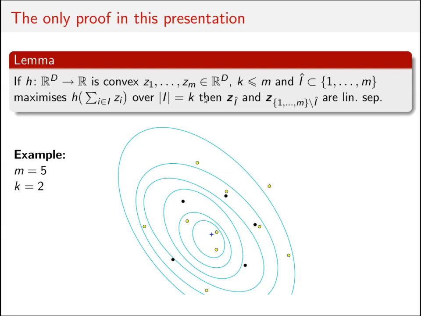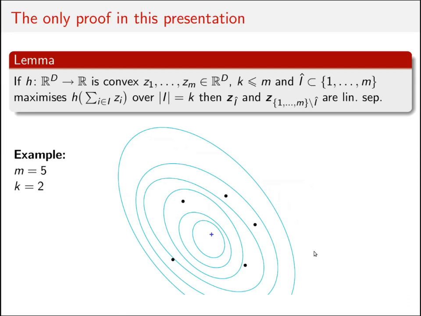What we are going to do is take two of those points whose sum maximizes this convex function h, and we want to prove that those two points are linearly separated from the others. So if I find two points whose sum maximizes this convex function h, they are separated linearly from the others.